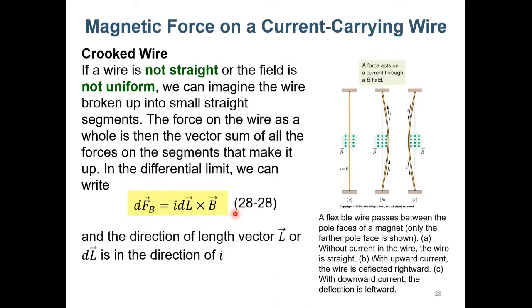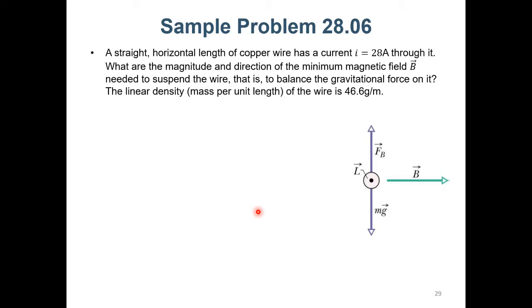Something like what we did in chapter 22. So we have a sample problem. A straight horizontal length of copper wire has a current I equals 28 ampere through it. What are the magnitude and direction of the minimum magnetic field B needed to suspend the wire, that is, to balance the gravitational force on it?